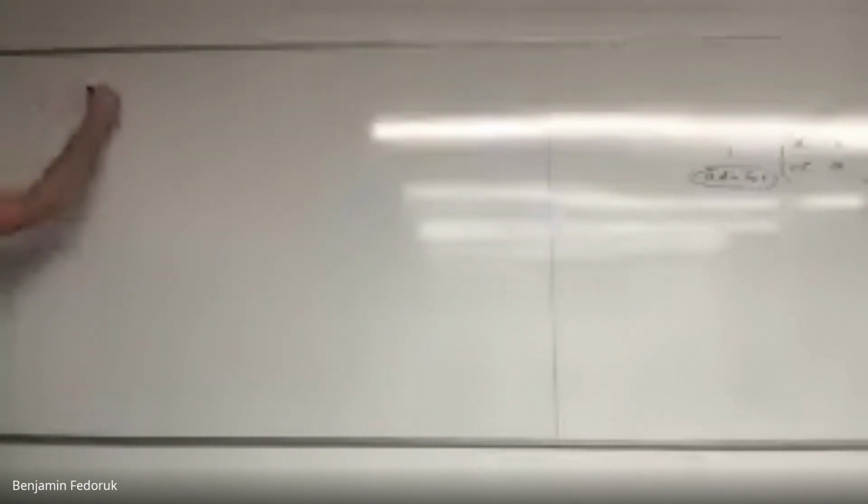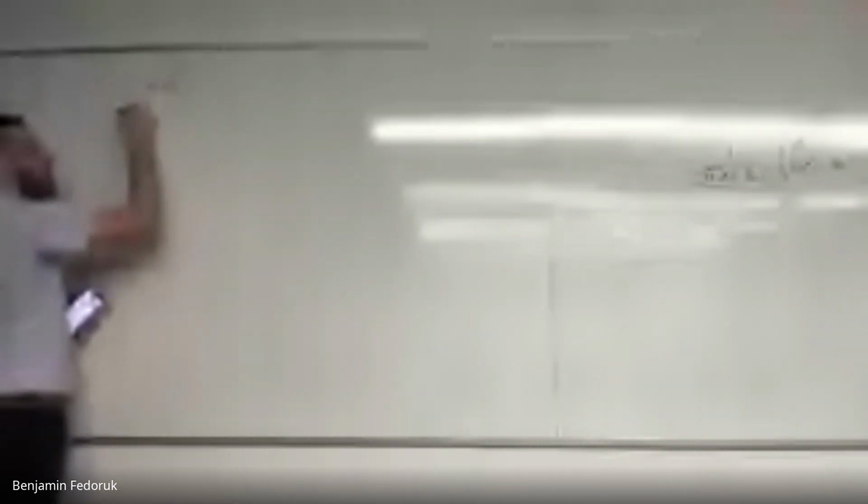Say that we want to find the inverse of the matrix 3, 0, 2, 2, 0, minus 2, 0, 1, 1. We'll write out the matrix, then a vertical line, and then the identity: 1, 0, 0, 0, 1, 0, 0, 0, 1.